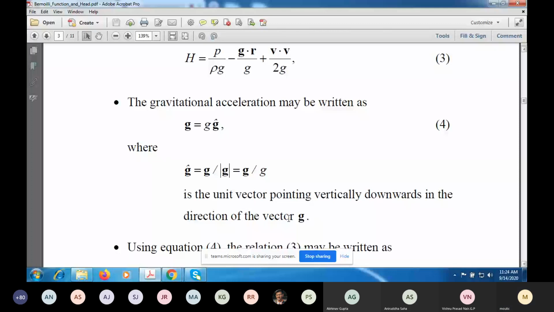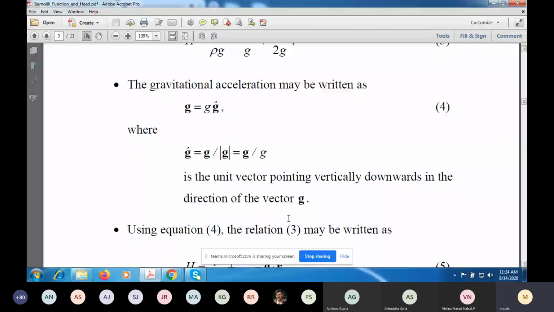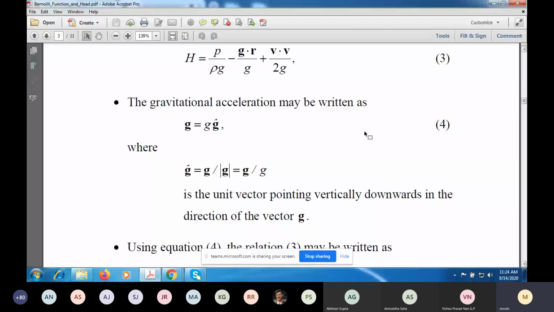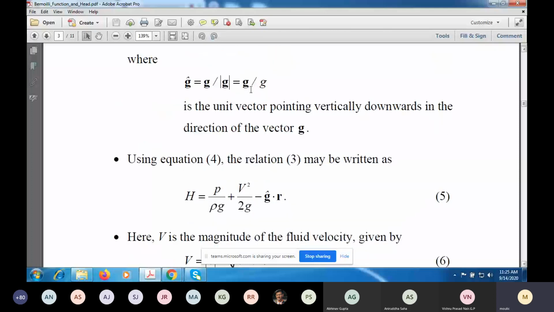So if I use this equation 4 and substitute over here and write in the numerator the vector g as the magnitude g into the unit vector g hat, then the g in the numerator and denominator will cancel out. Okay, and I can write this as H equals P by rho g plus V square by 2g minus g hat dot r.